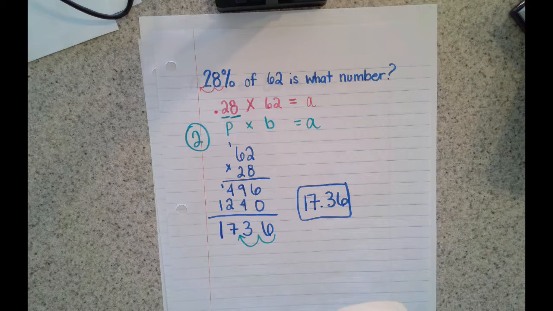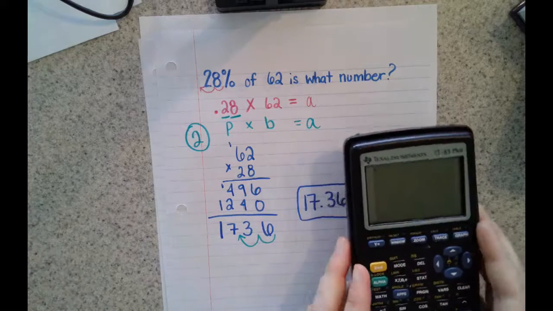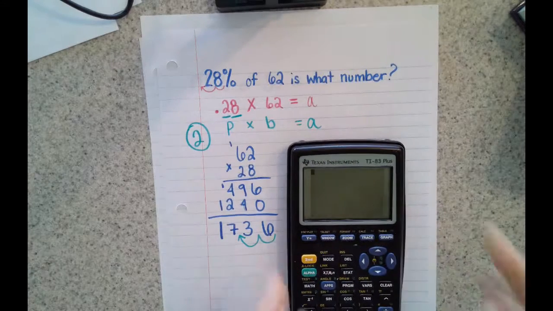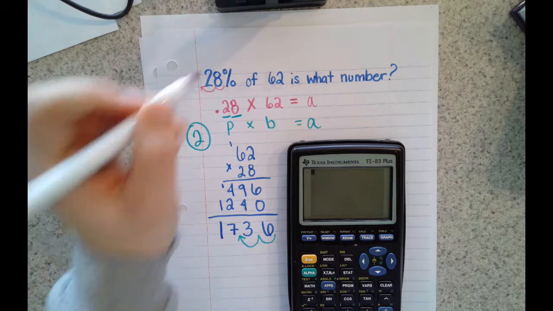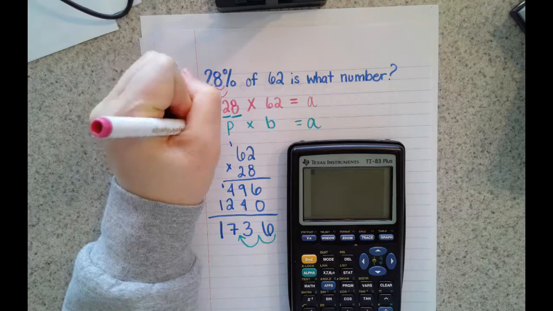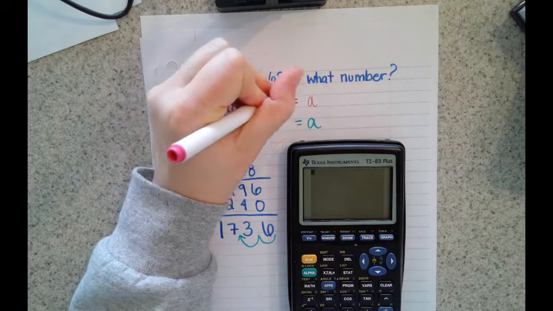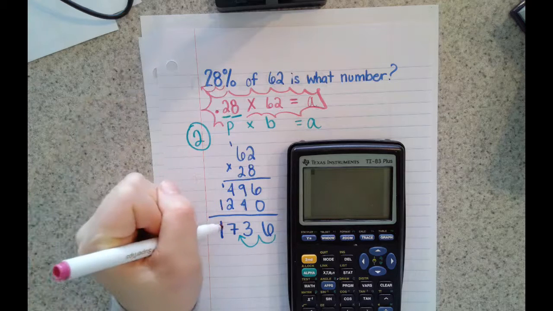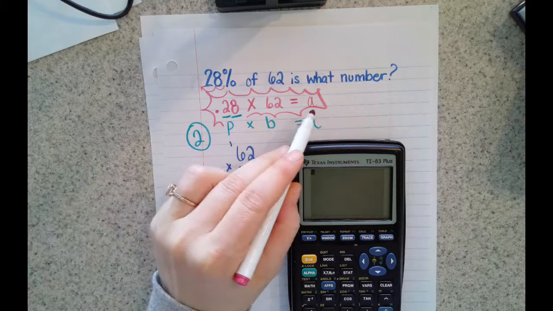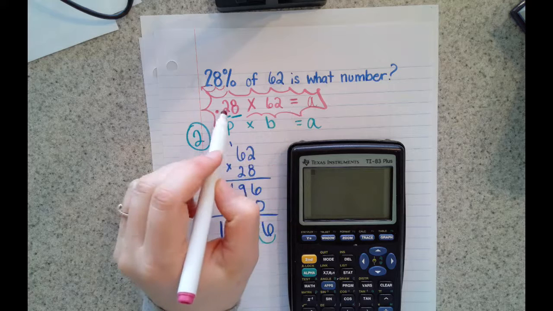Now for today, I am going to let you use a calculator. Okay, so because I'm letting you use a calculator, I am going to be very picky about needing to see this work right here. Even though I'm going to allow you to use a calculator to do the multiplication math, I need to see this work on your worksheets.